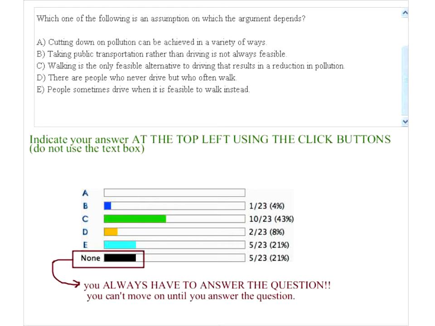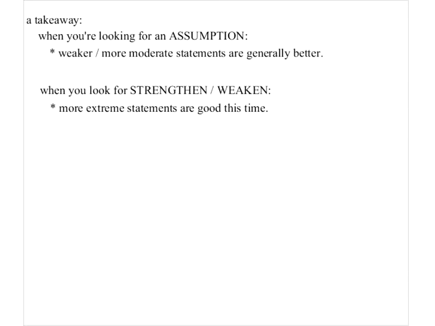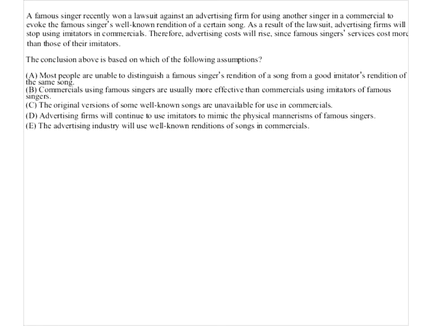Try this right here. Okay. I'm going to clear out your answers. I'm going to give you about 1.5 minutes again, maybe 1:40. Go for it.